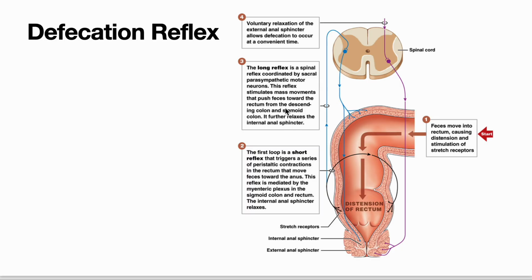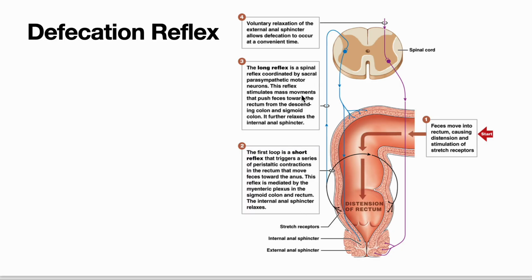And then also the signals that go up through the spinal cord are going to create autonomic responses that will move and activate the entire large intestine, which will continue to push more fecal matter towards the rectum, distending it more. And that's that positive feedback loop.